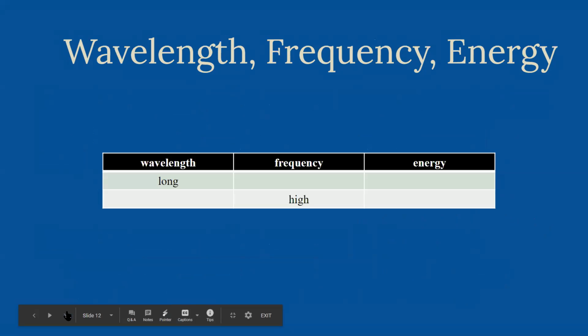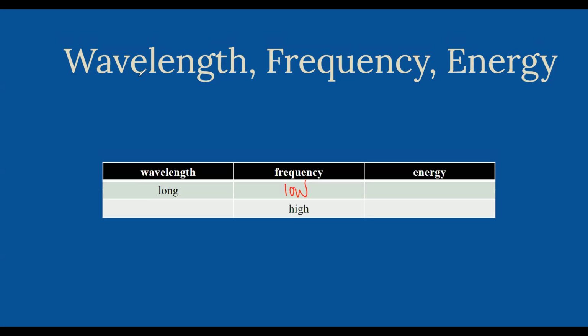So if you guys were going to fill this out, if the wavelength is long, the frequency is low. If we wanted to draw this out, the wavelength is long, so our frequency is going to be low. So that means it has low energy. If the frequency is low, the energy is also going to be low.